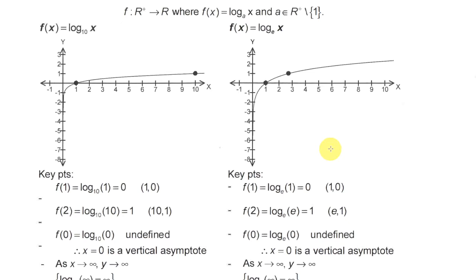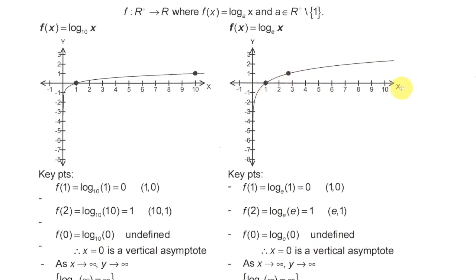Remember that e is simply Euler's number, a number that occurs a lot in science, and it's approximately equal to 2.71. Again, you can see it's exactly the same kind of shape as on the left-hand side. Again, it cuts through 1, 0, but now it also cuts through the point e, 1, which is approximately 2.71, 1, and then increases.